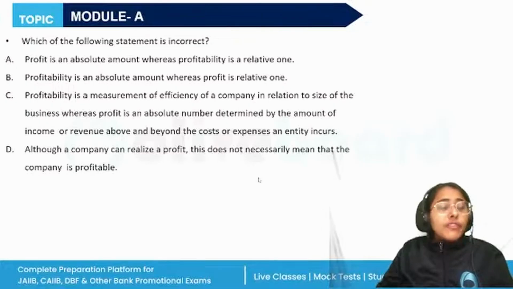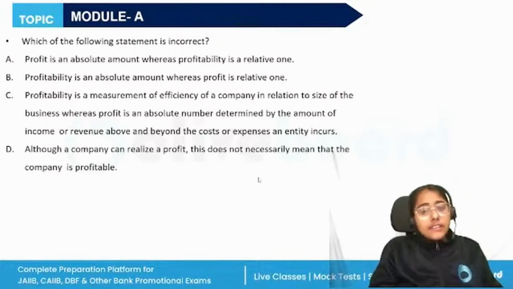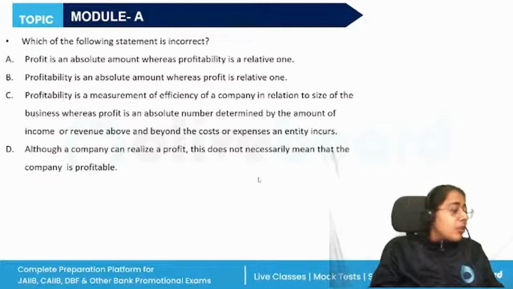Option B says profitability is an absolute amount, whereas profit is a relative one. Option C says profitability is a measure of efficiency of a company in relation to the size of the business, whereas profit is an absolute number determined by the amount of income or revenue above and beyond the costs of expenses. And option D says although a company can realize a profit, this does not necessarily mean that the company is profitable.